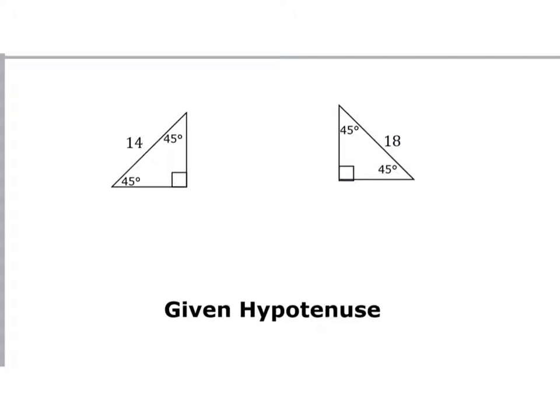If my hypotenuse is just a plain old 14, what were my legs? 7 square roots of 2. Oops, I forgot the 7. All right, and then the last one, if my hypotenuse is 18, what are my legs? 9 square roots of 2.